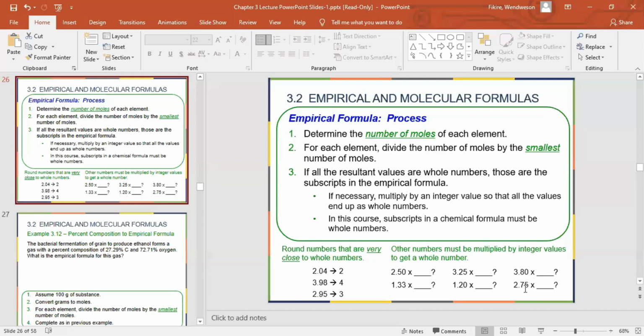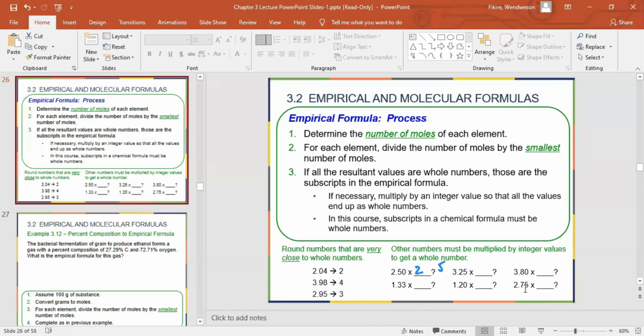Remember, it's the smallest integer I'm going to use to convert 2.50. What do you think? 2. Yes, Shannon, I read your text. Thank you, Shannon. That's 2. Yeah, 2.50 has to be multiplied by 2. It gives me 5. All right.